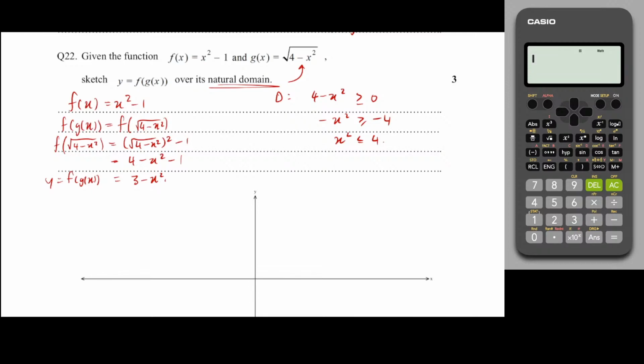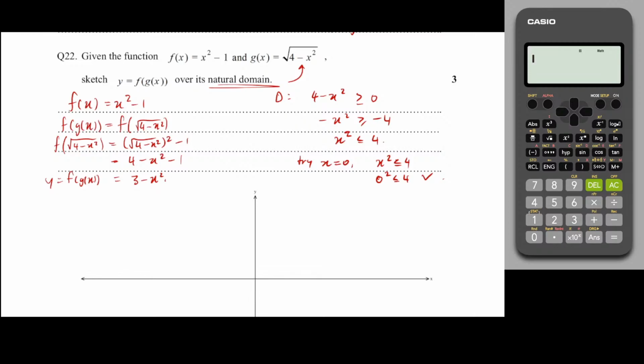So we're going to either have our values being between 2 and negative 2, or outside of 2 and negative 2. Let's try a point. Let's try x is equal to 0. So x squared is less than 4, so 0 squared is less than 4, which is true.